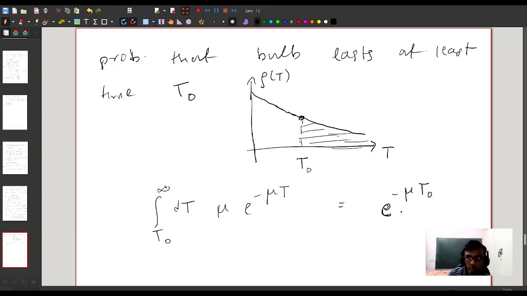So this is the probability that the bulb lasts at least for time t naught.